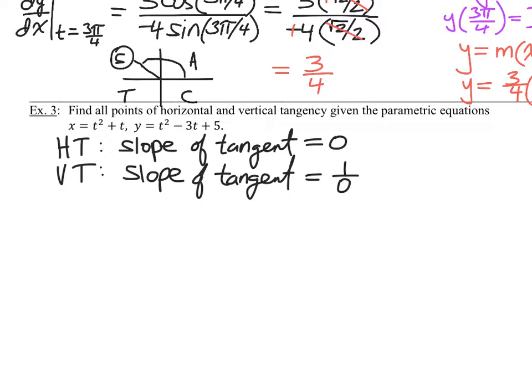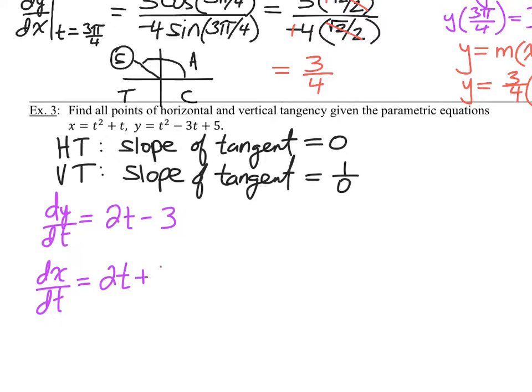All right. Bottom line, long story short, we have to take the derivative again. So dy/dt, dx/dt. dy/dt is going to be 2t minus 3. dx/dt is 2t plus 1.